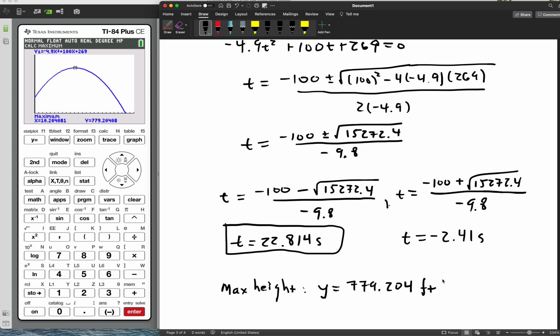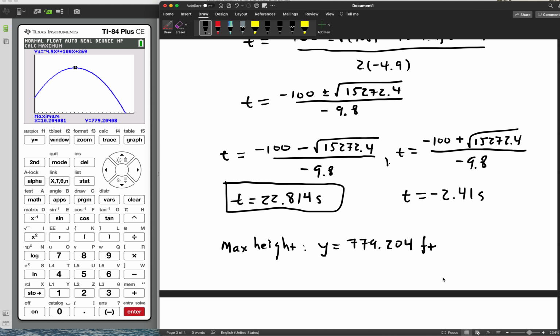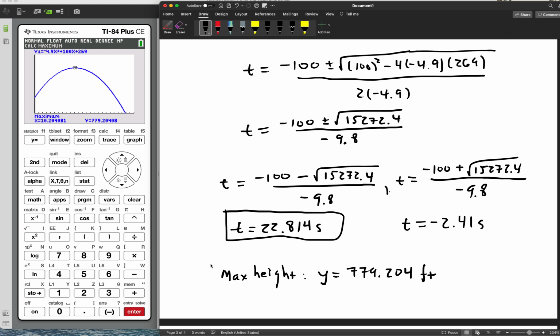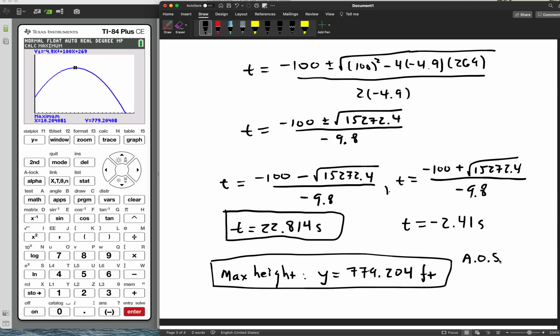And there are ways of doing this algebraically, for example, by completing the square, or by finding the axis of symmetry, and then by finding f of a. So if you want to do an alternative approach without using technology, it would be to find the axis of symmetry, also called AOS.